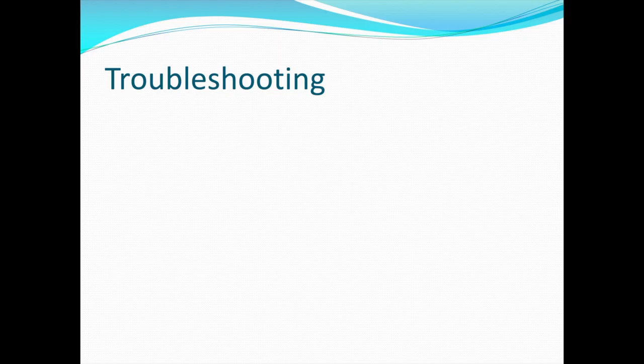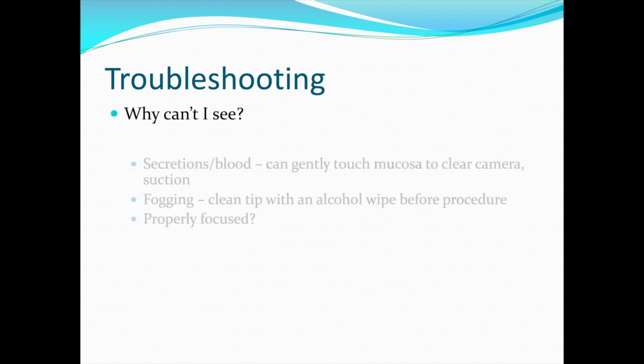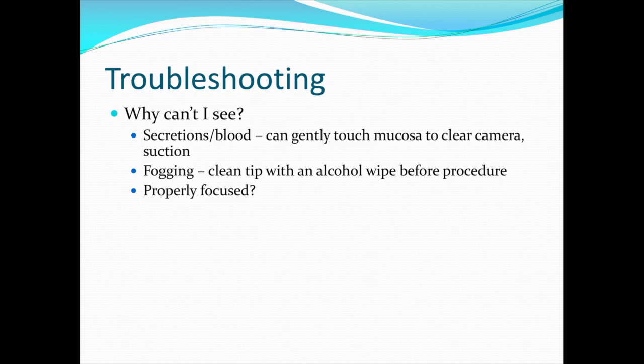During the procedure, if you have any issues, think about the following things. So, why can't I see? Are there any secretions or blood in the airway? If so, you can gently touch the mucosa to clear the camera, or you can use the suction to try and remove these secretions or blood.